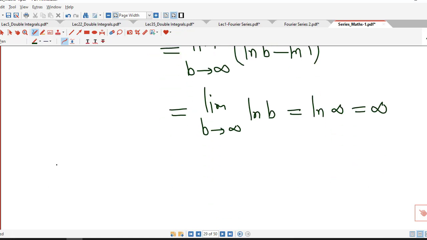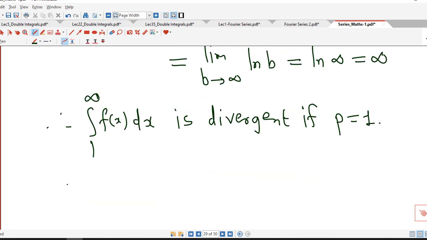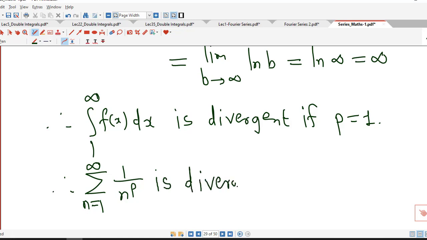So therefore the integral from 1 to infinity of f(x) dx is divergent if p equal to 1. So therefore sigma 1 over n raised to p, n equal to 1 to infinity, is divergent if p equal to 1.